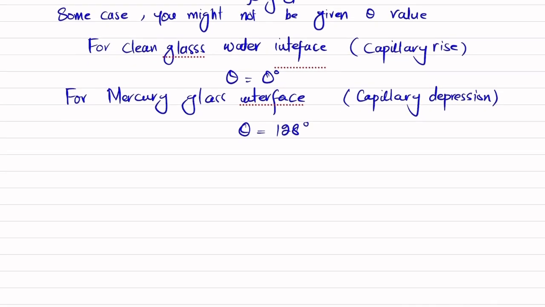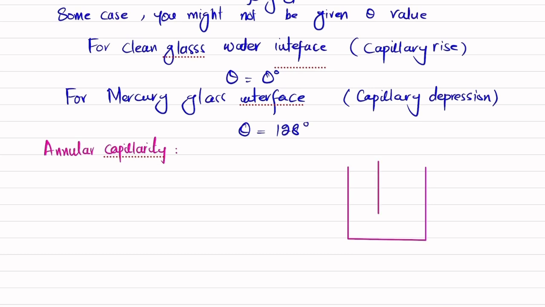Now the last topic in this lecture will be annular capillarity. So what is this? The rise or fall in an annular tube will be known as annular capillarity. This will be explained in the same manner that we discussed capillarity. So you have a container and you have an annular tube. What is an annular tube?